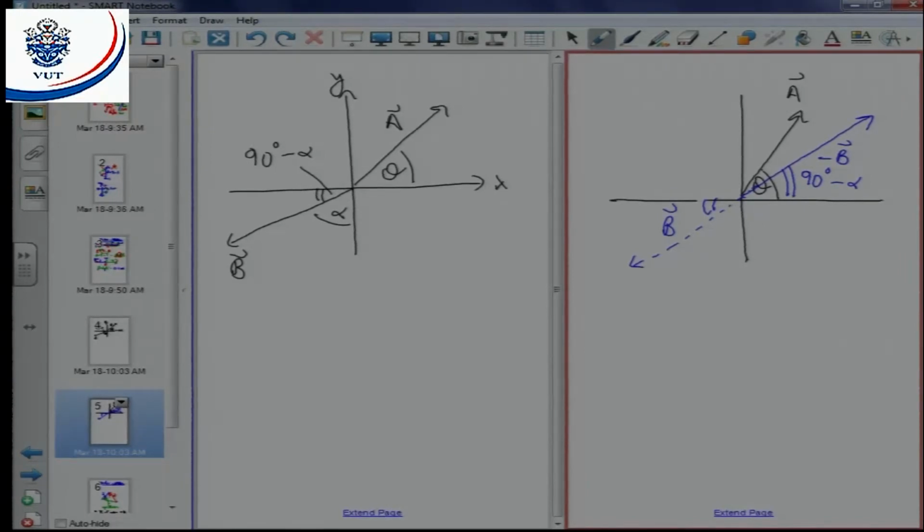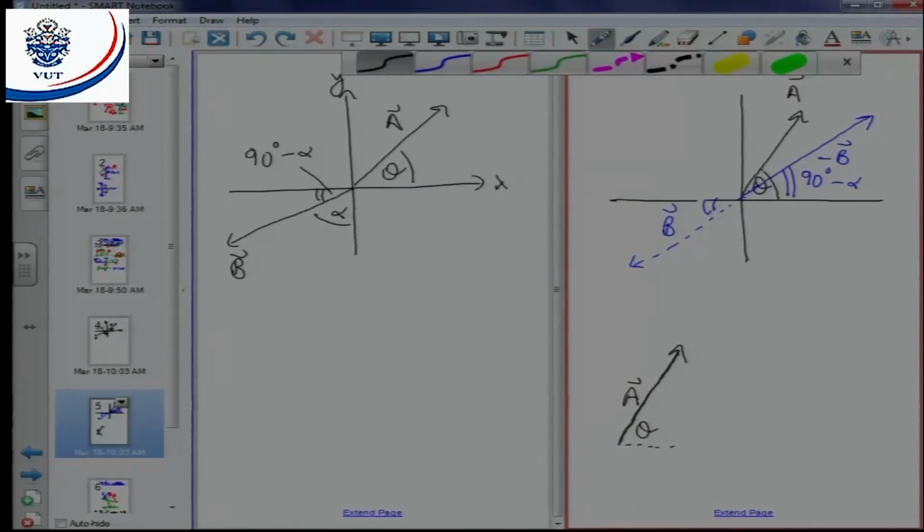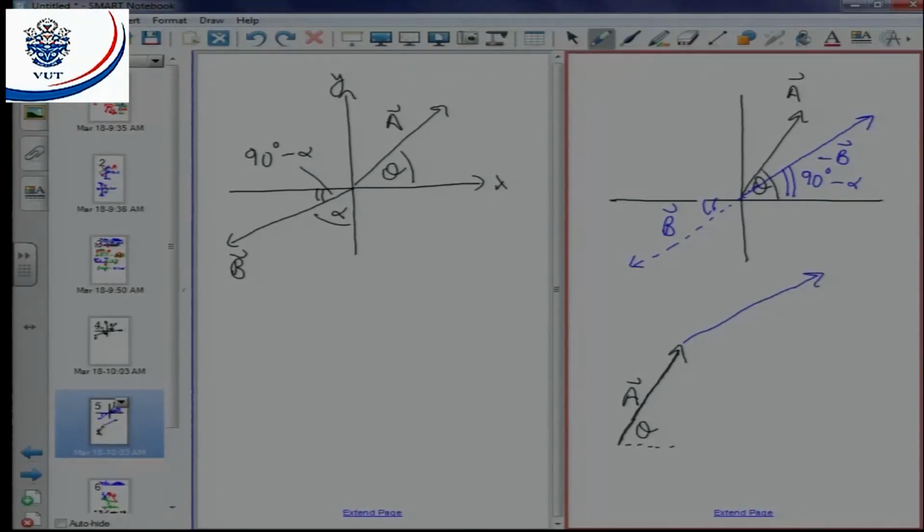Now if I add those two, first I have vector A, which forms an angle theta with respect to the x-axis. And then now I have to draw vector B. So vector B is something like that, and actually not B, minus B. The angle it forms is 90 minus alpha with respect to the x-axis.